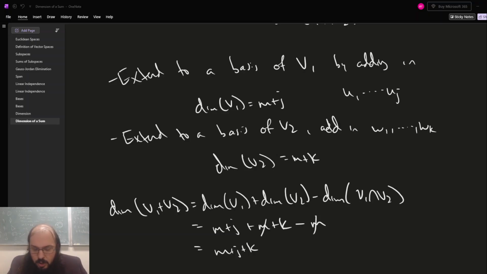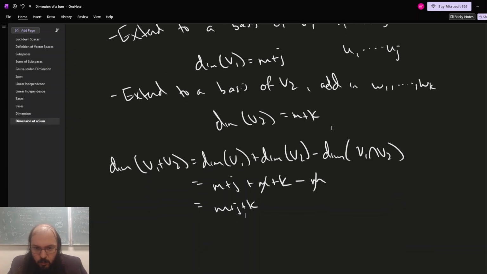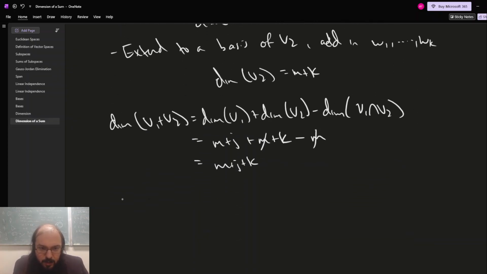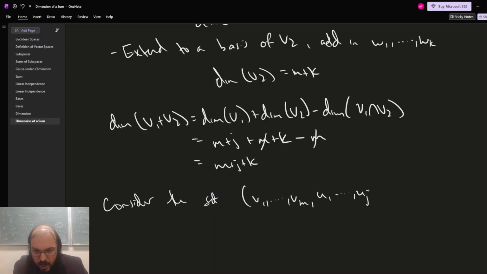And that should make some sense because what this says is that what I should be trying to do is to consider the set of all of my v1 through vm, all of my u1 through uj, and w1 through wk.